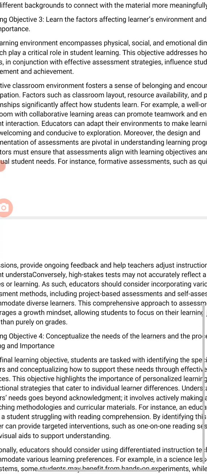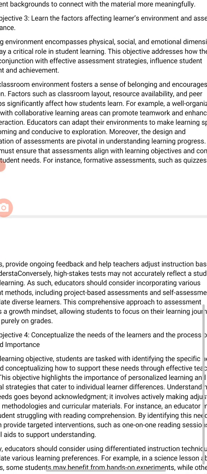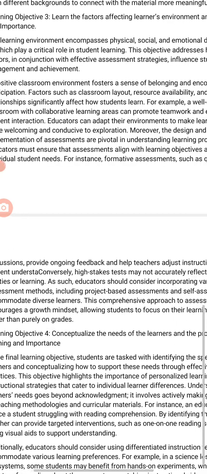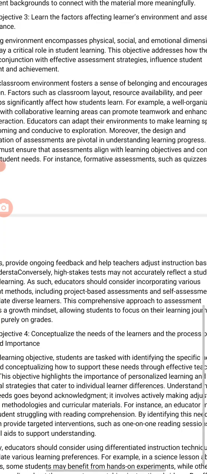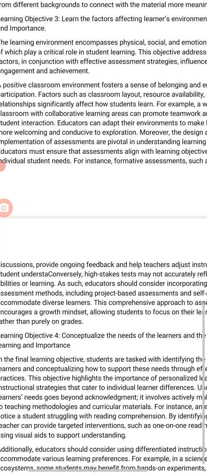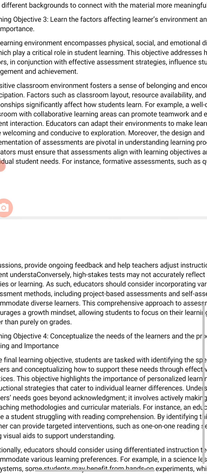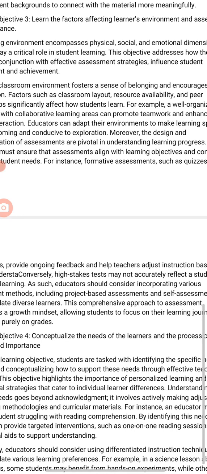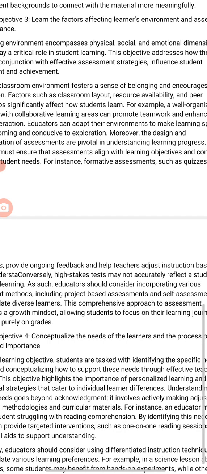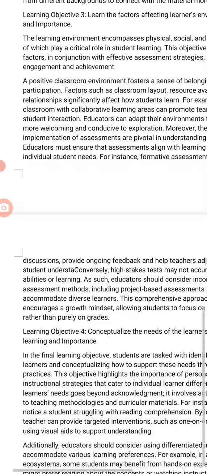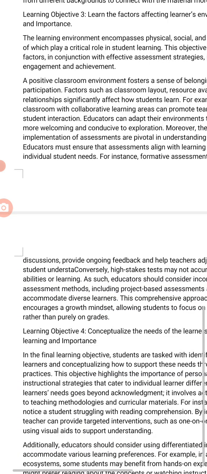Yes, exploration. Moreover, the design and implementation of assessment are very crucial in understanding learning progress. Yes, educators must ensure that assessments align with learning objectives and consider individual student needs. Are you seeing it?